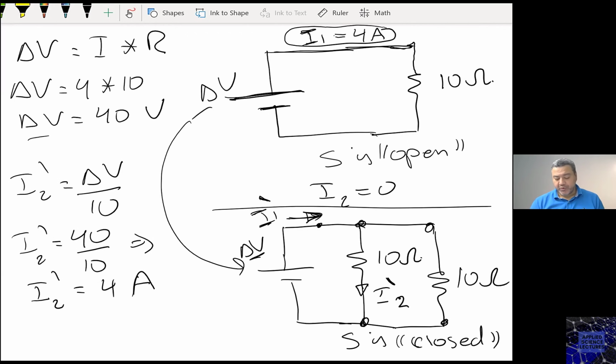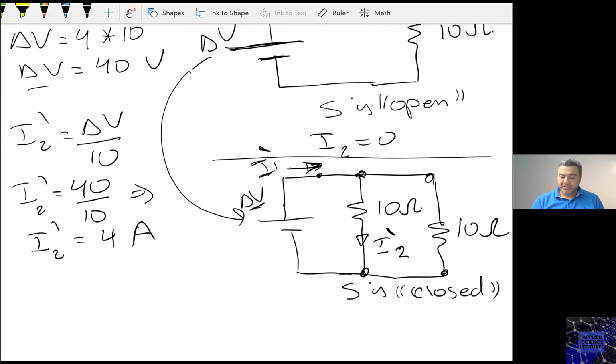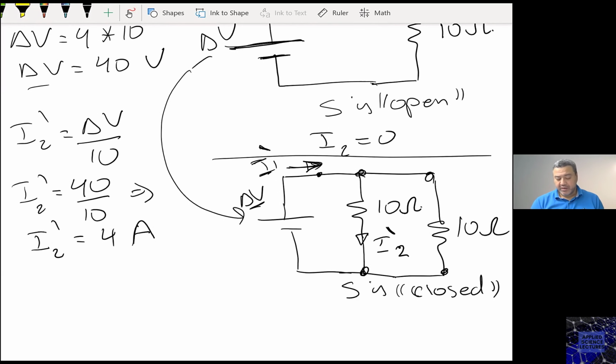What about I1 prime? I need to calculate now the total resistance. The total resistance here is those two resistors in parallel. A rule of thumb, if you have two resistors that are connected in parallel and they are equal, the equivalent is half right away. Where did I get this from?